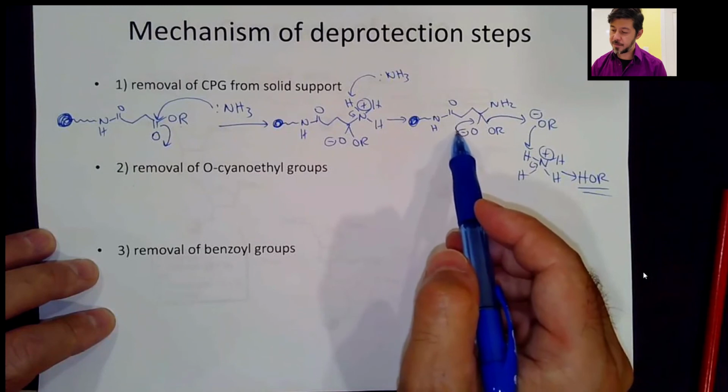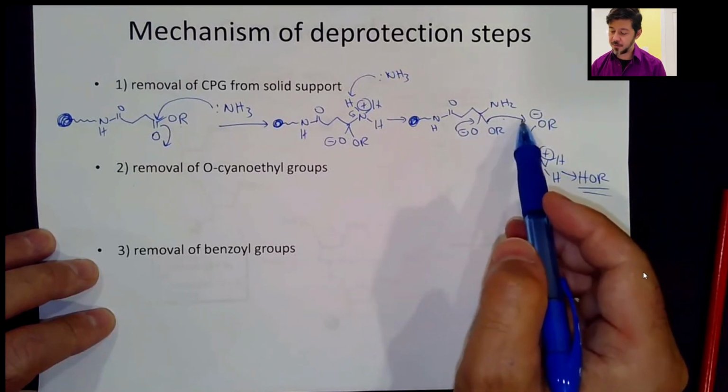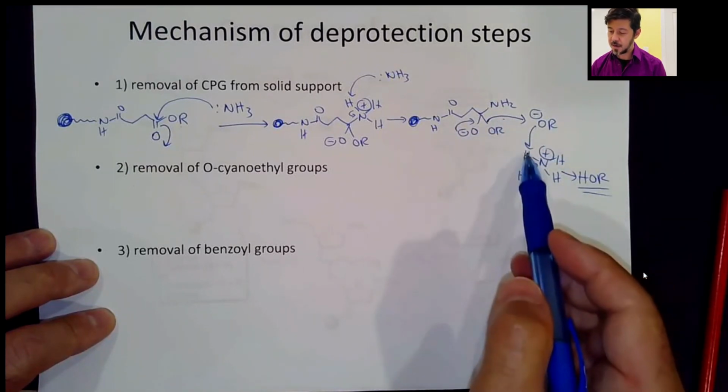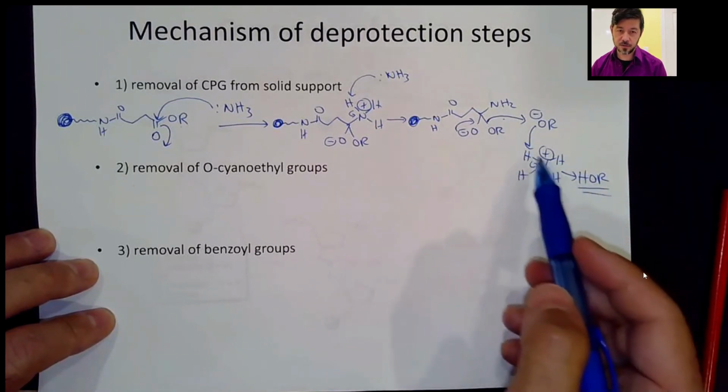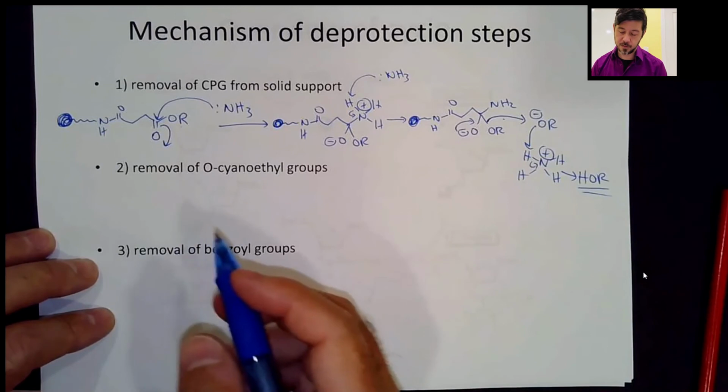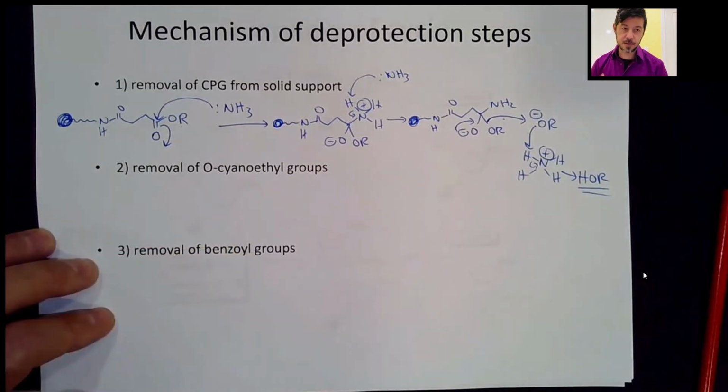You could also have this come down and then pick up a proton from the conjugate acid of ammonia to generate the product too. I've just done it over two steps; you could do that step in one.